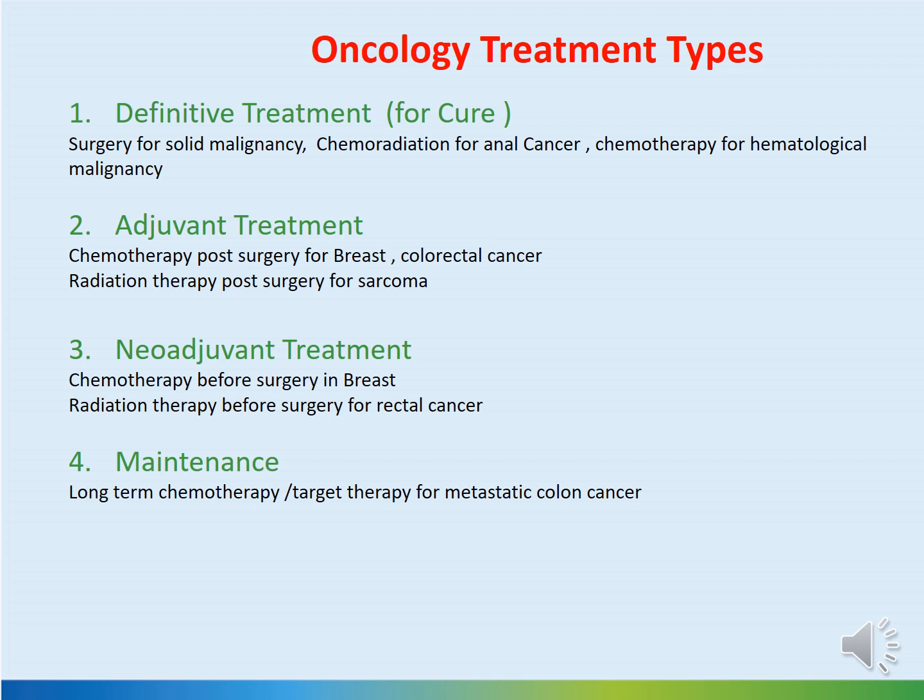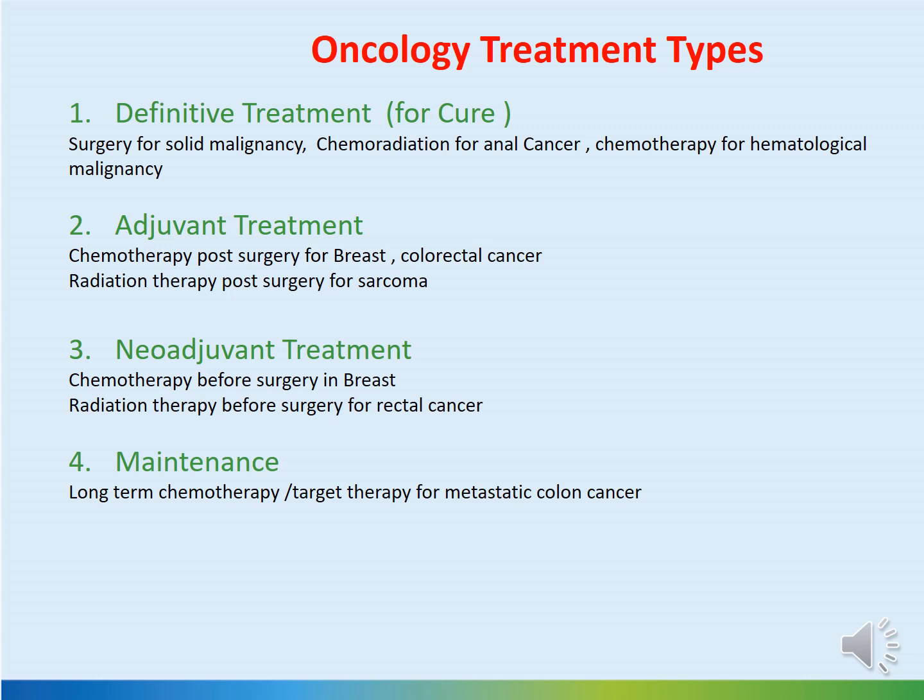So it is called neoadjuvant treatment. For example, sometimes we give chemotherapy before surgery for breast cancer, and radiation therapy before surgery for rectal cancer. So it is neoadjuvant treatment. We start with this type of treatment, but not as the definitive one.